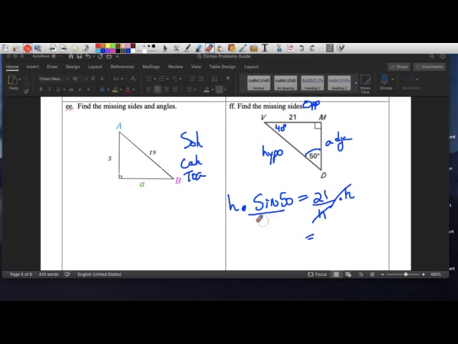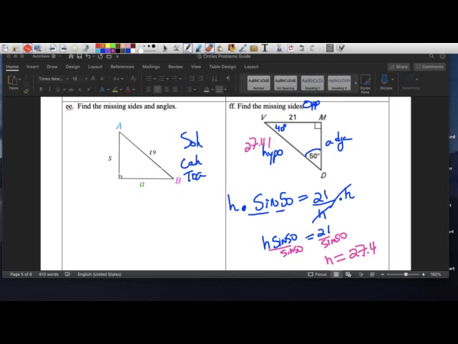Now I divide both sides by sine 50. And that's going to give me my hypotenuse. So 21 divided by sine 50 gives me that the hypotenuse is, in this case, 27.41, again, no units. Let's just leave it at that.